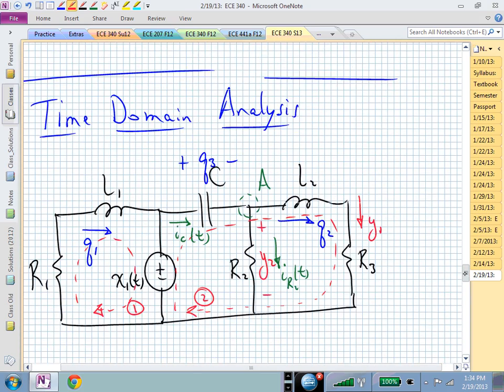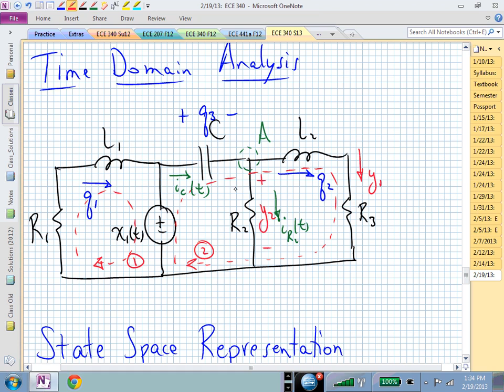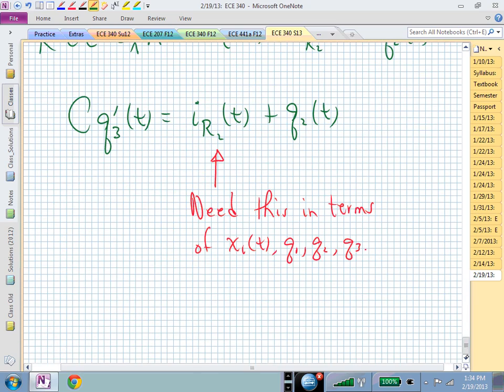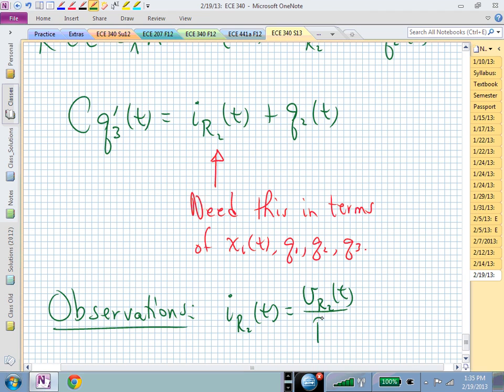So if I now come back here, well, let me just introduce some more notation. If I call this V sub R sub 2, then I sub R sub 2. So here's some observations. I sub R sub 2 of t is just V sub R sub 2 of t over R sub 2, by definition of the way I created V sub R sub 2 of t.